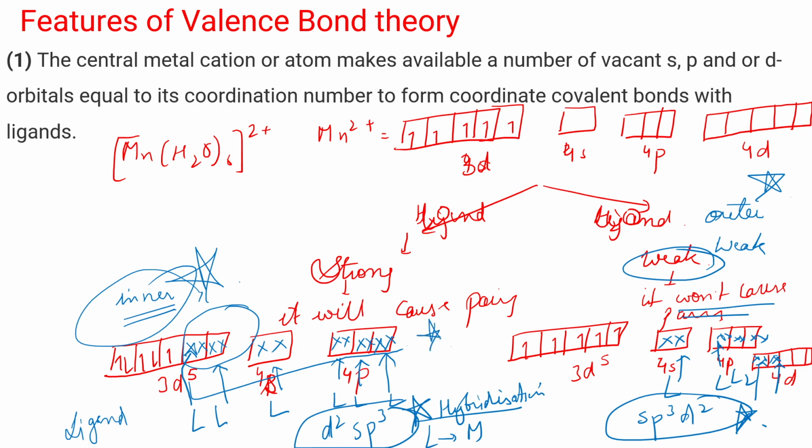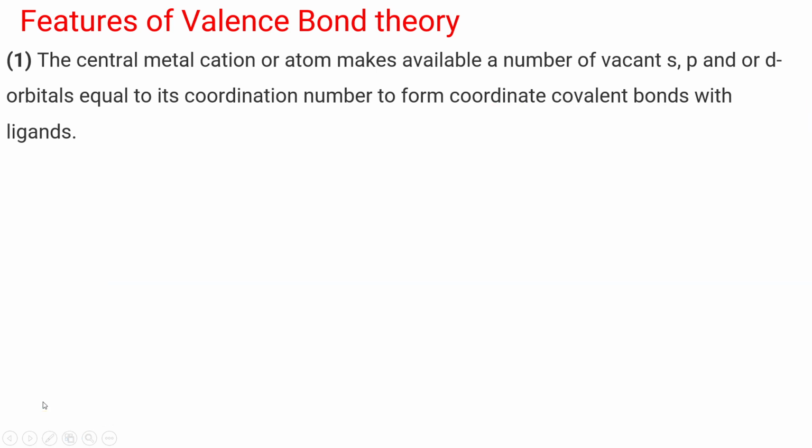You got my point. So we'll do examples later. Let's just discuss all the postulates first. You understand how the metal makes space for the electrons that will be donated by the ligands.